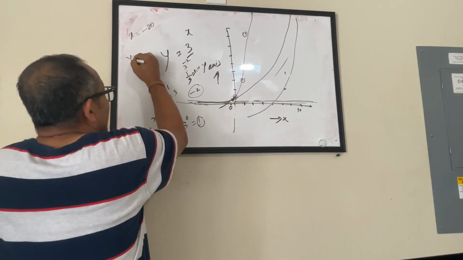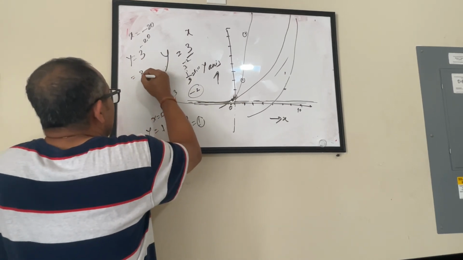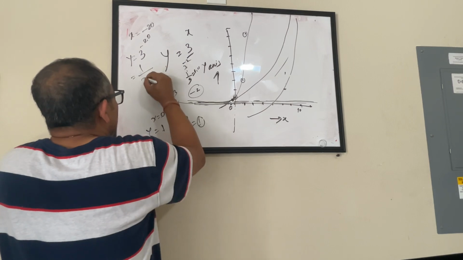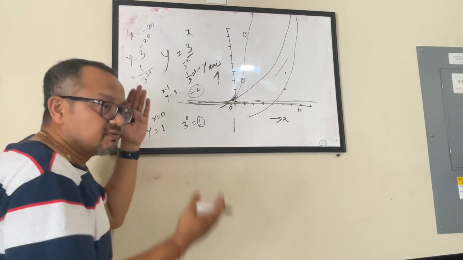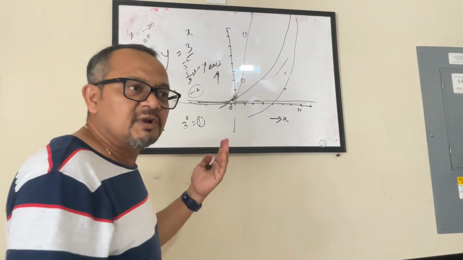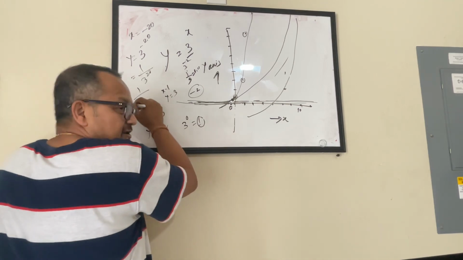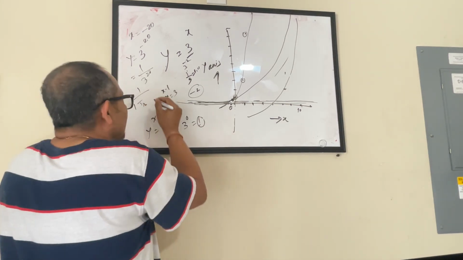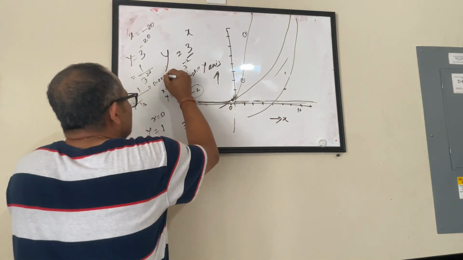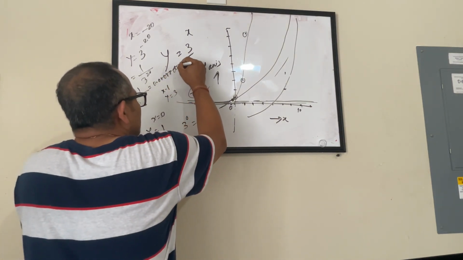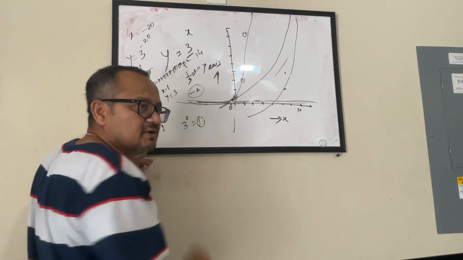What is the value of y? 3 to the power minus 20, which is 1 by 3 to the power 20. 3 to the power 20 would be maybe 1 trillion. So 1 by 1 trillion is a number like 0.0000, maybe 15, 16 zeros and then a 1 or a 4.